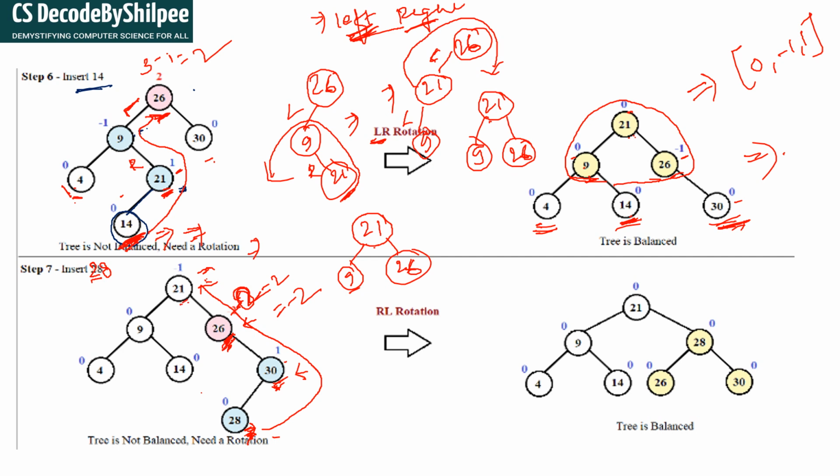Now check where the violation occurred: at 26. From that node onwards, check three nodes to see what type of problem it is. This is R and this is L. So it is an RL situation.